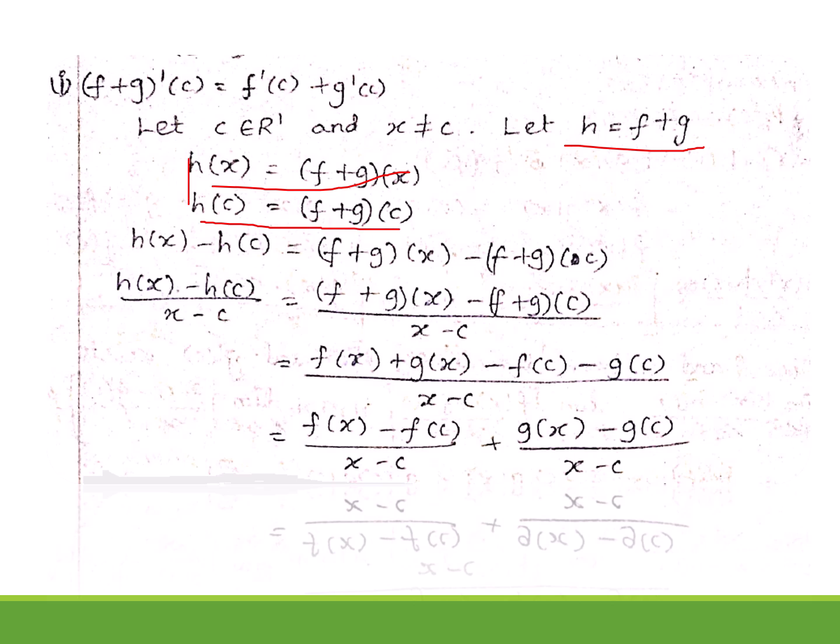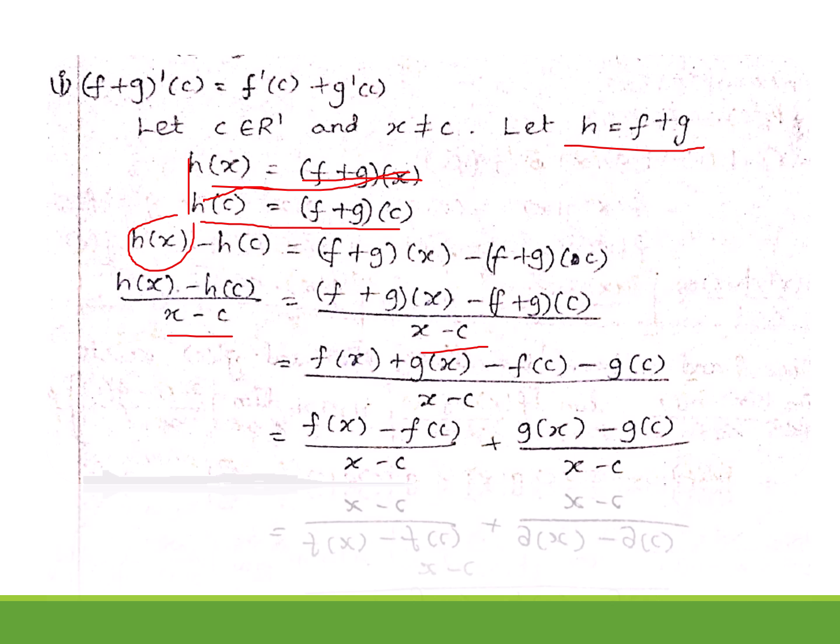h of x minus h of c equals the value of f plus g of x minus the value of f plus g of c. Dividing both sides by x minus c, h of x minus h of c divided by x minus c equals (f plus g of x minus f plus g of c) divided by x minus c.